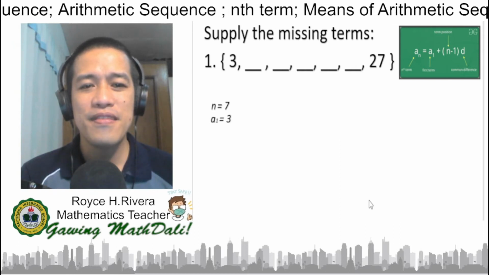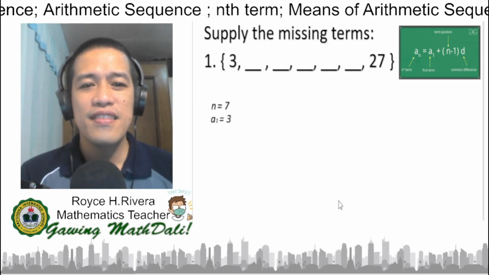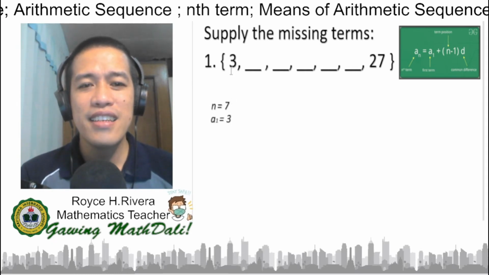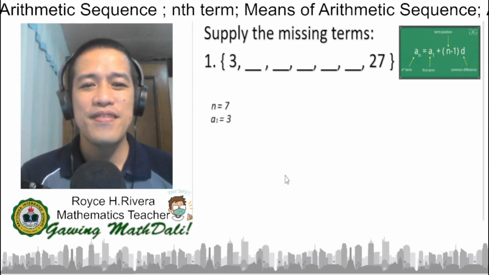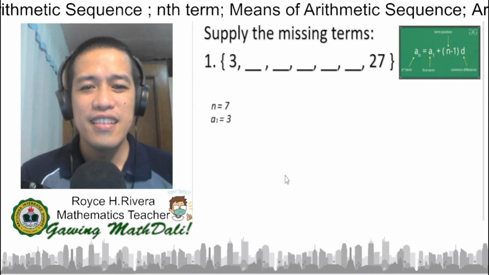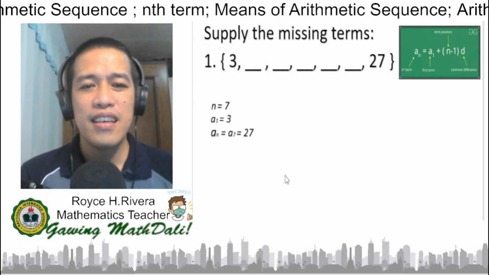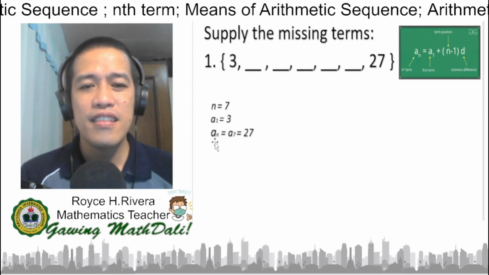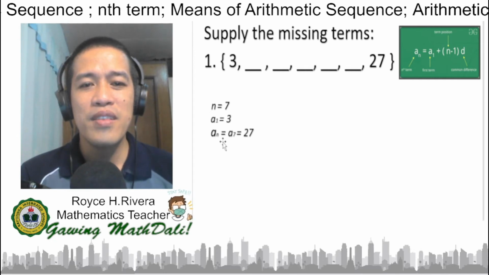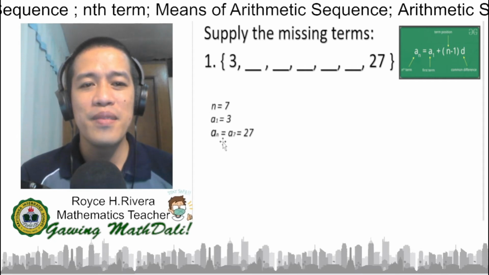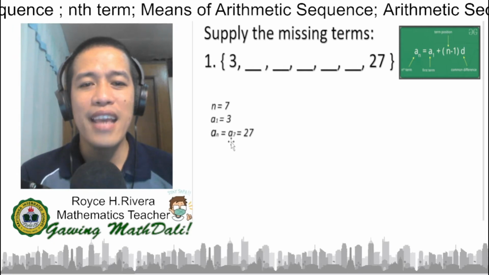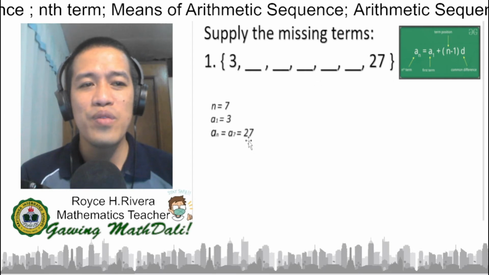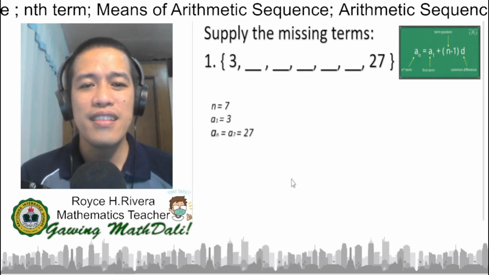Next, A sub 1 is 3. Next, A sub n. That is equal to the last term of the given sequence, or A sub 7. That is equal to 27.